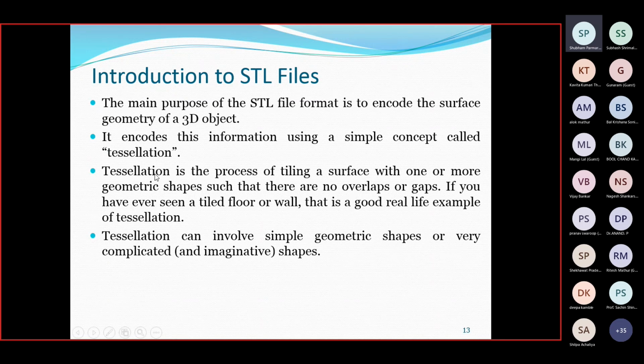The tessellation process is tiling a surface with one or more geometrical shapes such that there are no overlaps or gaps between them. We use wall tiling and floor tiling in our homes in that way, to generate geometrical shapes.